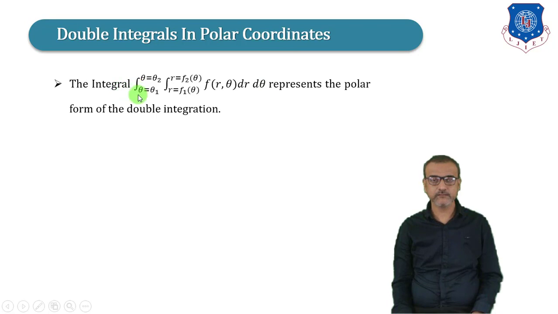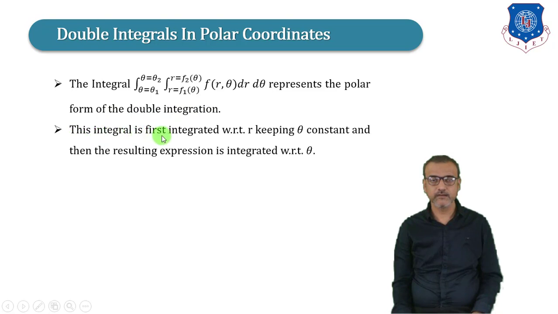The integration from theta equals theta 1 to theta equals theta 2, integration from r equals f1 of theta to r equals f2 of theta, f of r comma theta dr d theta, represents the polar form of double integration. This integral is first integrated with respect to r, keeping theta constant, and then the resulting expression is integrated with respect to theta.